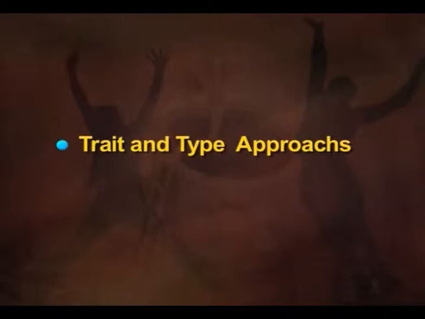To conclude, in a nutshell, there are different approaches to understand the personality of an individual. Today we have focused upon trait and type approaches. Trait refers to the characteristic pattern of behavior of an individual.